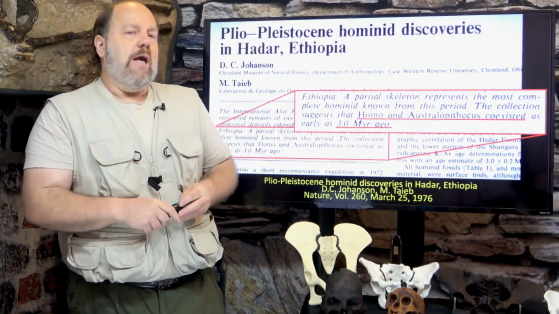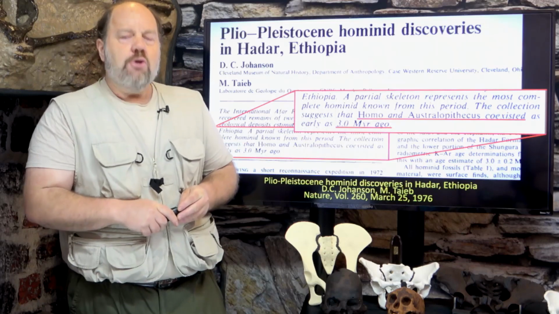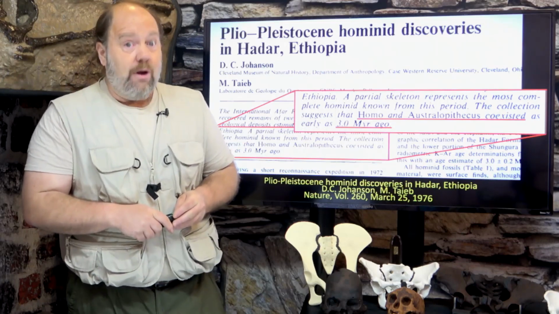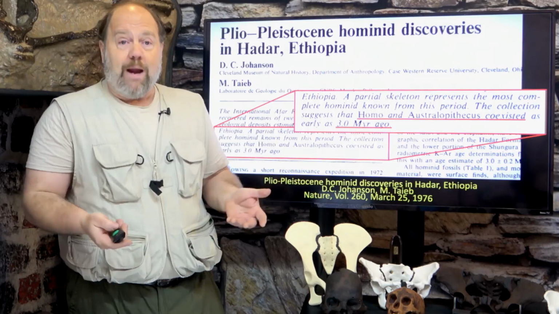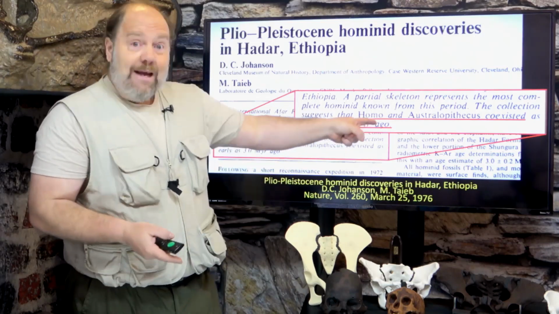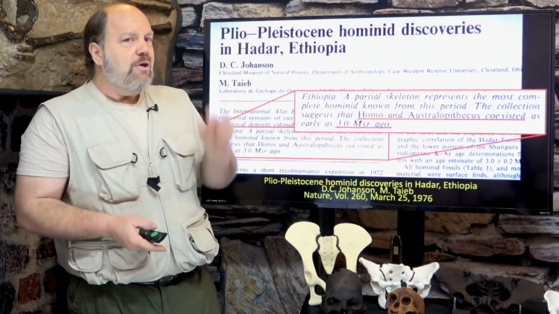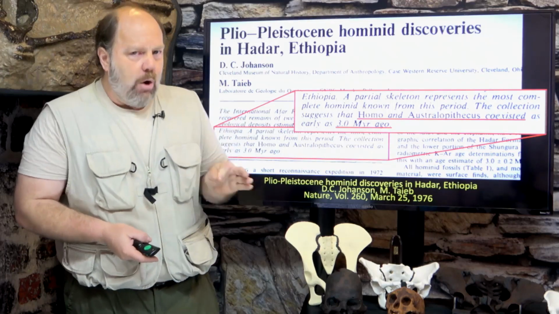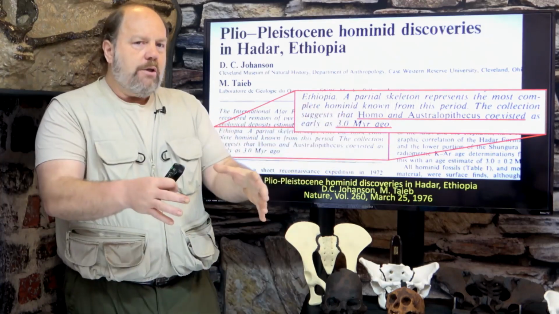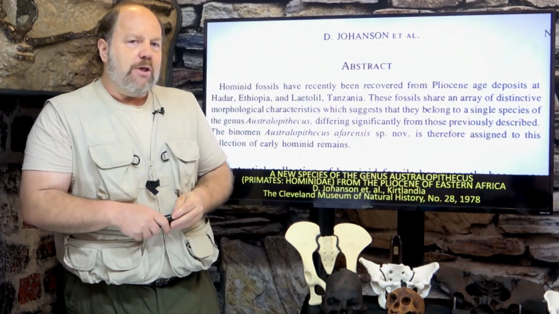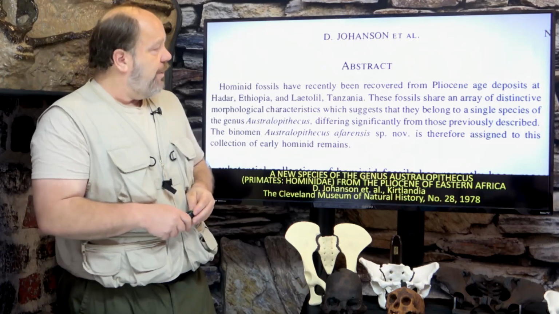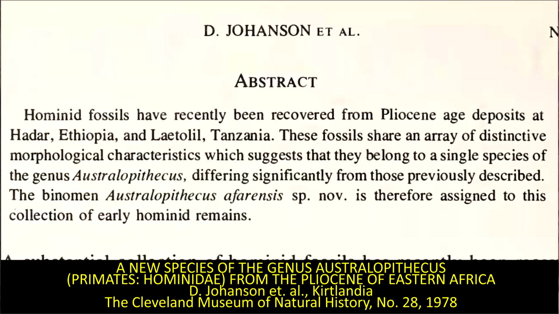In 1978, Donald Johanson and Tim White took a very large collection of various fossil bones and bone fragments that he acknowledged in print were a collection of human and ape bones, and grouped them all together into one fictitious creature that he dubbed Australopithecus afarensis, now popularly known as Lucy.